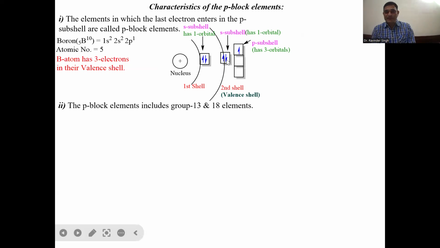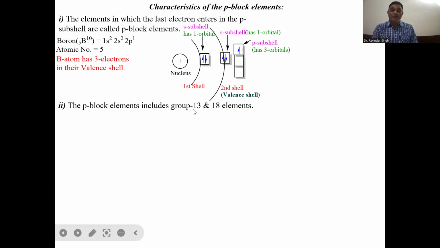Because in the p subshell there are 3 orbitals, and there can be a maximum of 6 electrons, 2 electrons in one orbital, 2 in another, 2 in another, a total of 6 electrons in the p subshell. So there can be a maximum of 6 groups, which range from group 13 to group 18.